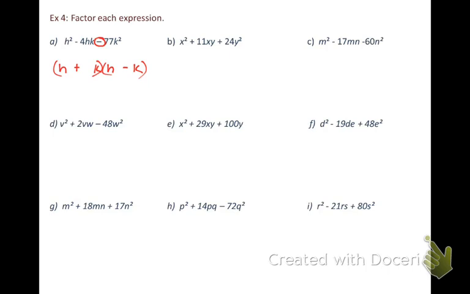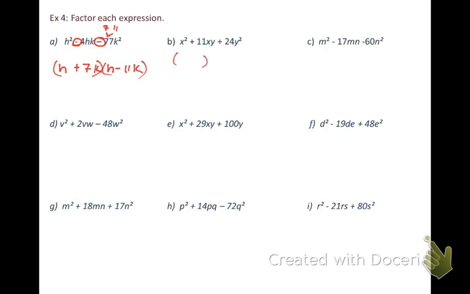I'm guessing it's going to be 7 and 11. And 11 is the bigger number, so that's going to go with the negative. So I'm going to put the 11 there and the 7 there. And that's how you would do this part.